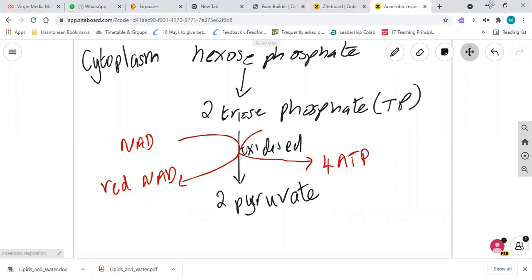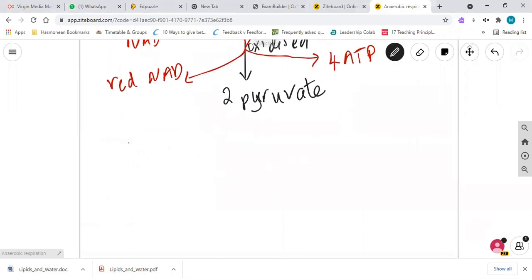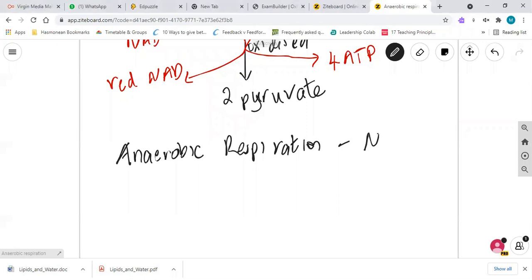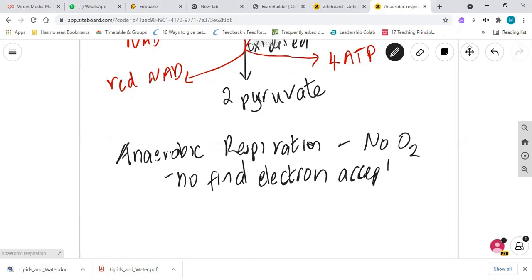However, you have to remember that in anaerobic respiration, we have no oxygen, which means that we have no final electron acceptor in oxidative phosphorylation. I'm just going to shorten that to OP.